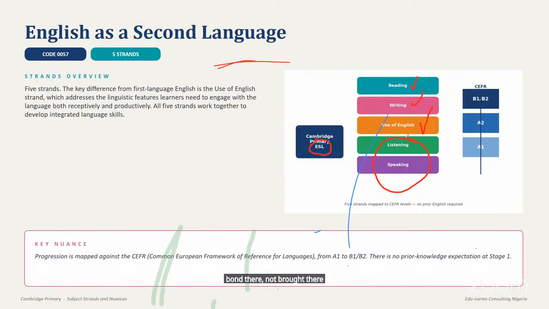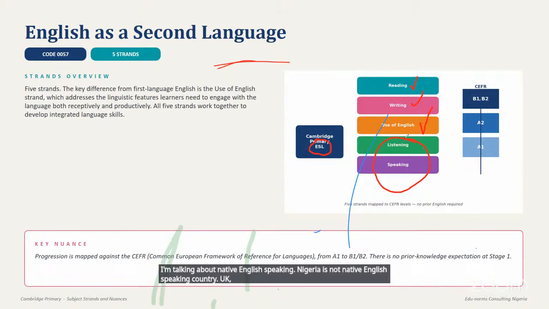Or somebody born in Nigeria. No, let me go with that one. Somebody born in any English speaking country. When I say this, I'm talking about native English speaking. Nigeria is not a native English speaking country. UK, US, okay.